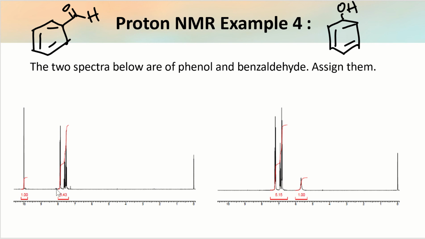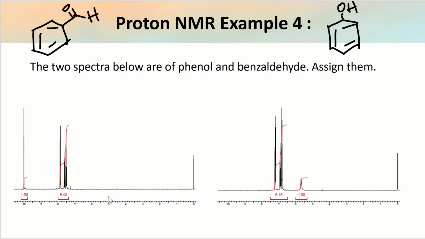But either way, the arrangement of the peaks looks the same, but for one, the peaks are between 7 and 8, more towards the 8 in terms of chemical shift, and the other is more shielded, right?